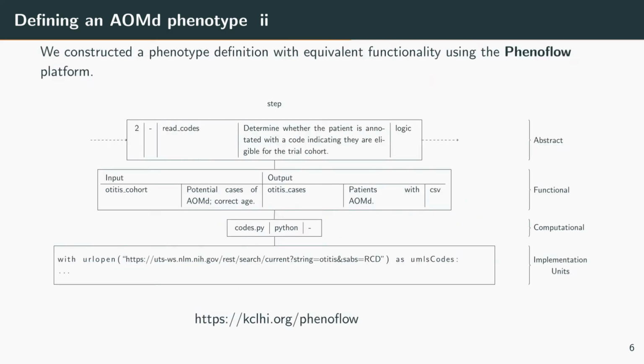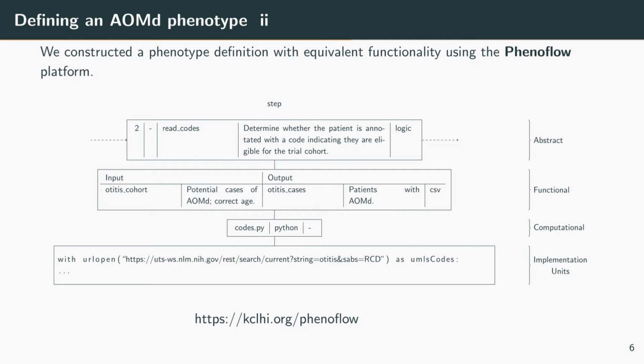Our first task, therefore, was to define equivalent functionality for AOMD using a computable phenotype. In particular, we chose the PhenoFlow standard to do this, which contributes a particular model for the representation of phenotypes that's based on the idea of workflows with multiple steps.